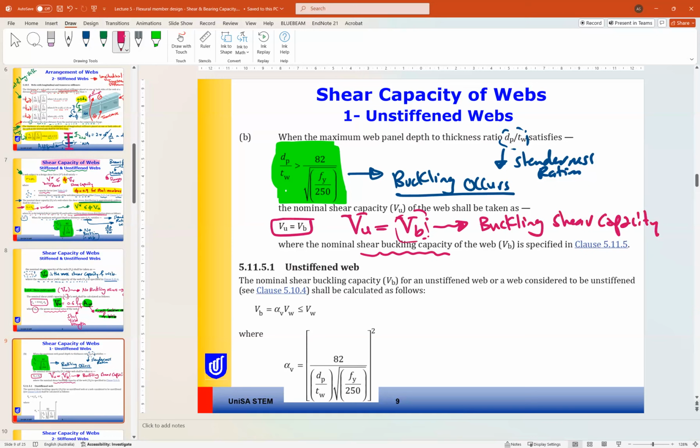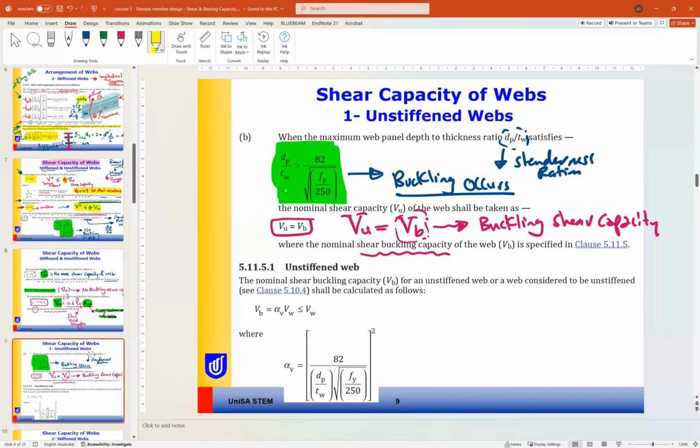So we expect in this case that the shear will be affected by buckling, because buckling will occur before yielding.